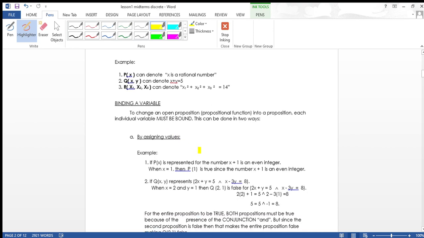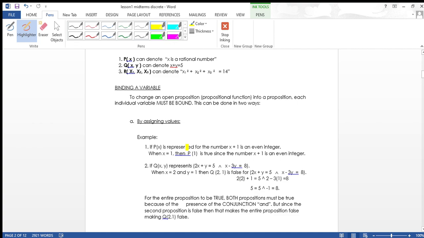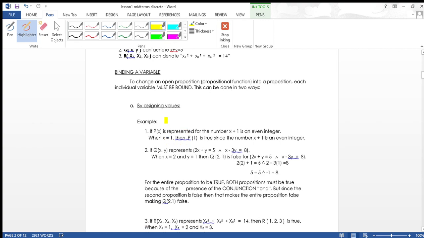The first one is by simply assigning a specific value for each of the variables given. So for example, if p of x is the function and this function is denoted as x plus 1 is an even integer, we can assign a value. So in this case, we are assigning the value of x is equal to 1.